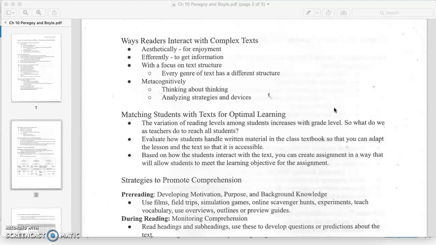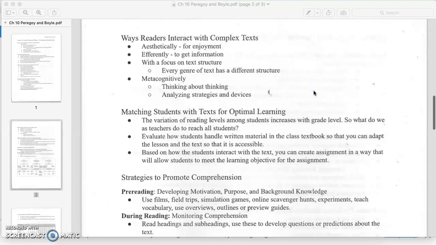Being able to understand the structure and how to break it down is very important, and also having an understanding of the differences between an aesthetic and an efferent reading. And a lot of times an informational text can be enjoyable as well, but I guess that's more when you get older.